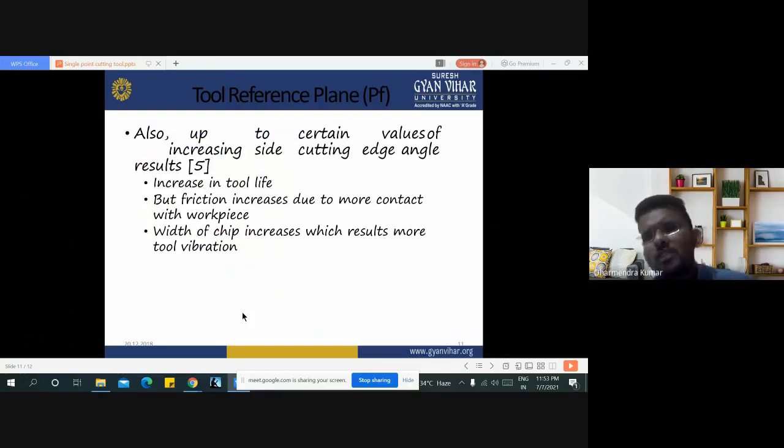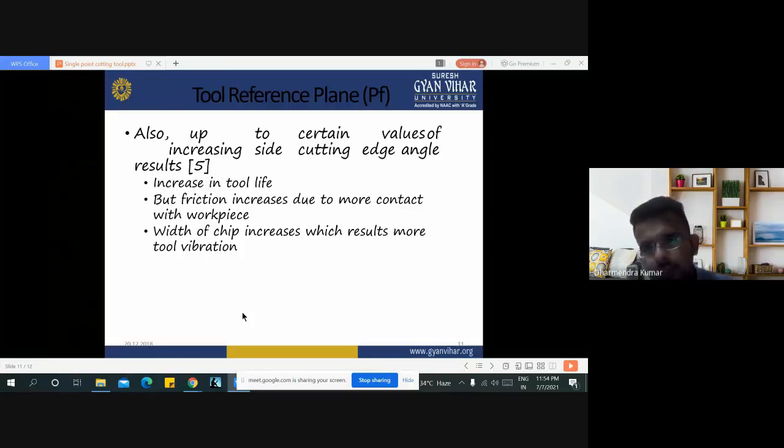Also, up to a certain value of increasing side cutting edge angle, we obtain the following results. If we increase the value of side cutting edge angle, then the following particular actions can happen on a single point cutting tool. It increases the overall tool life, but friction decreases due to more contact with the workpiece.